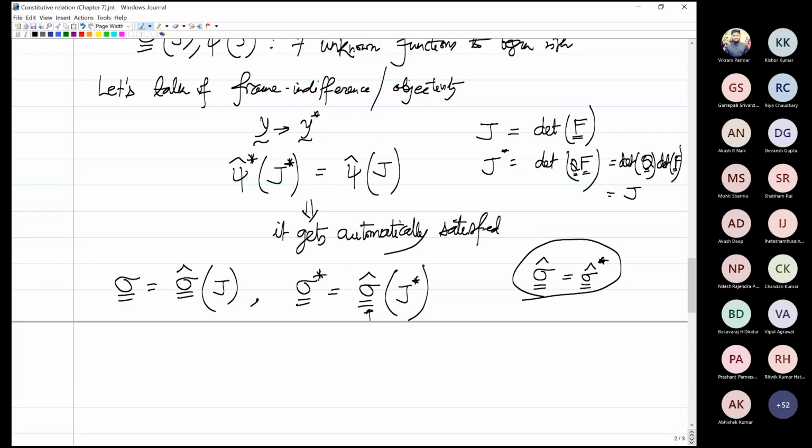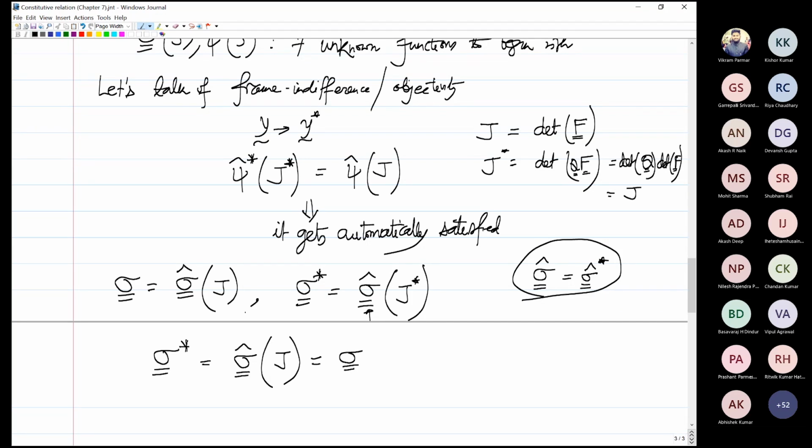Now, how is this going to put any restriction? Looking at this, sigma star is equal to sigma hat of J star, but J star is the same as J. So this implies that sigma star is equal to sigma hat of J, because J star is the same as J. But sigma hat of J is also equal to sigma, isn't it?